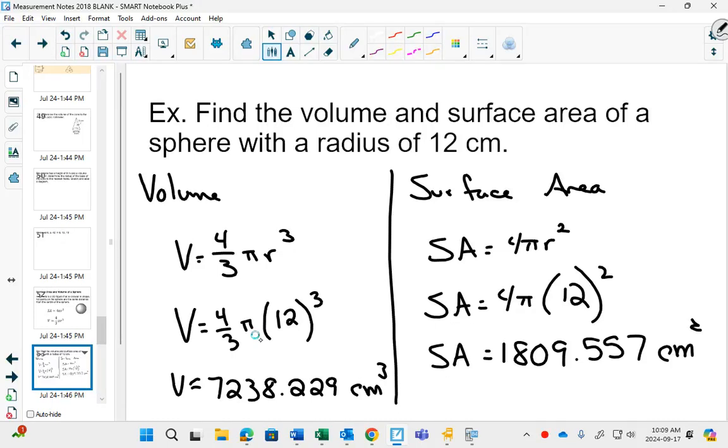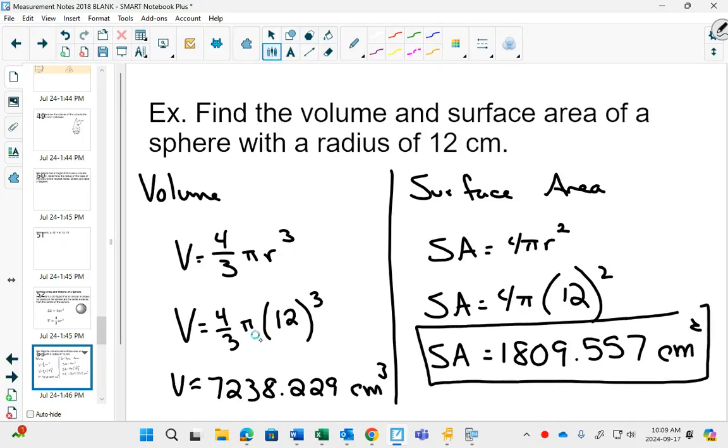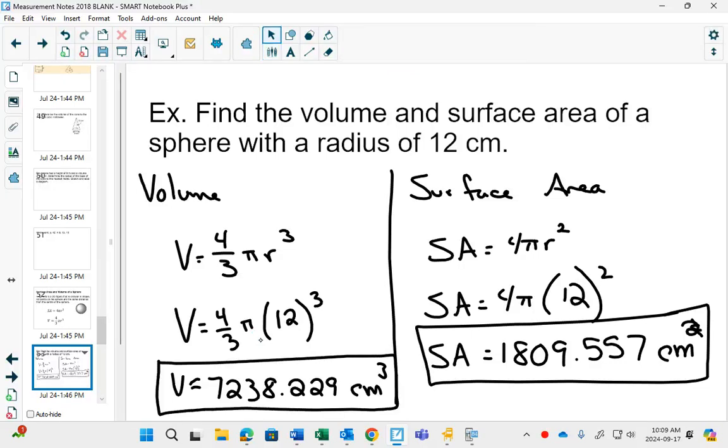And this, that is supposed to be a 2 per squared. Put a square around both of my final answers there.